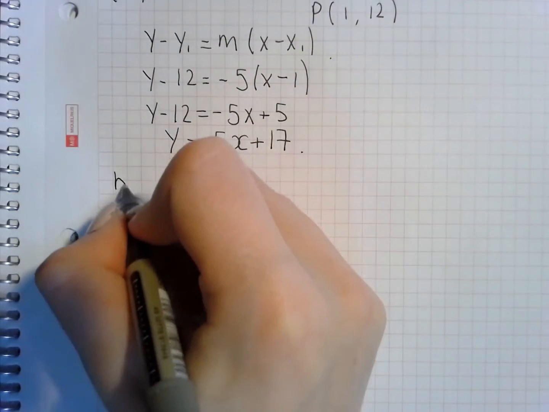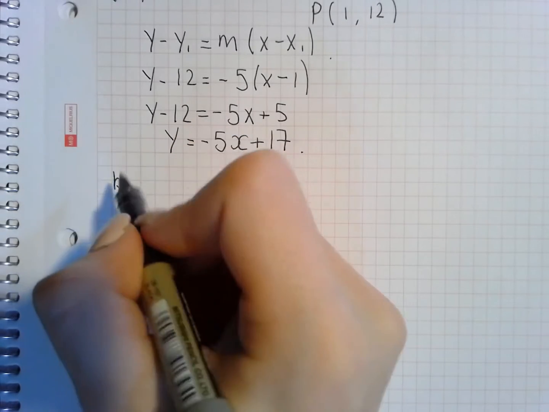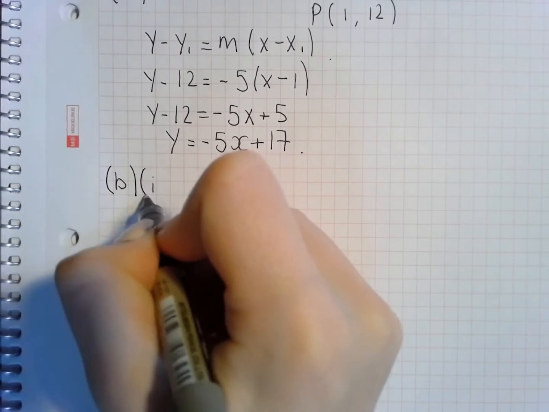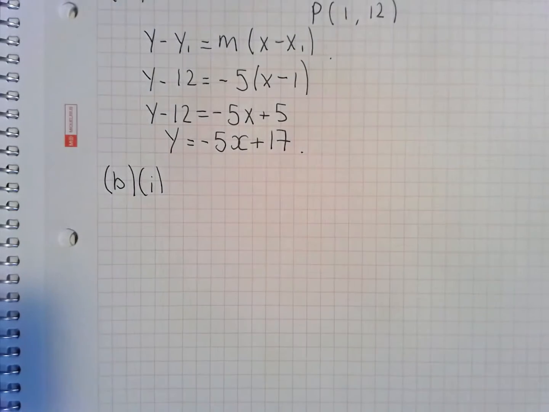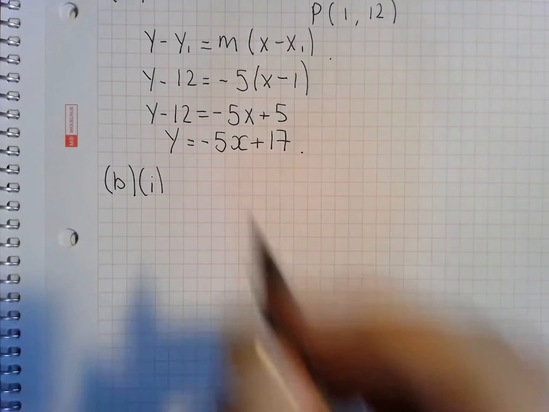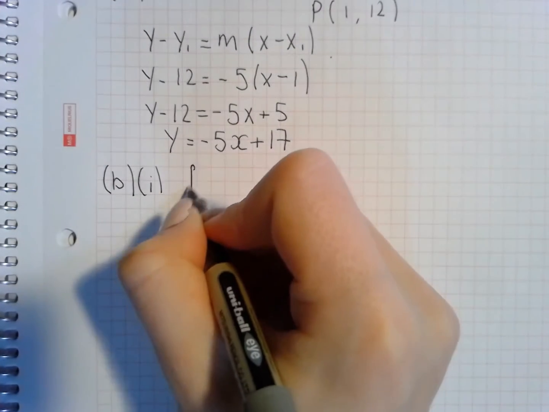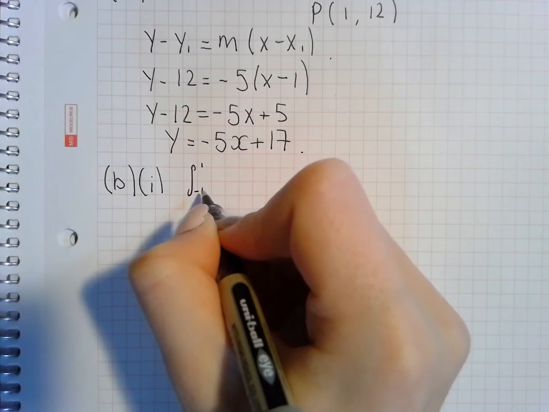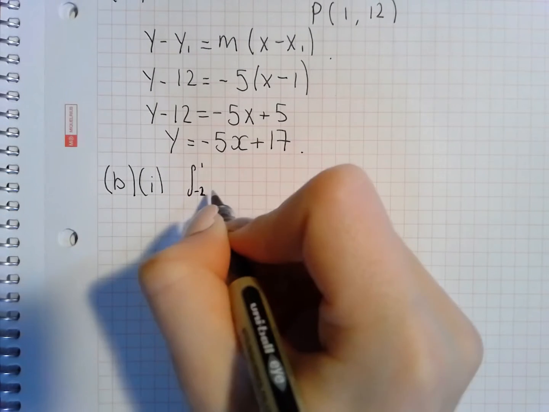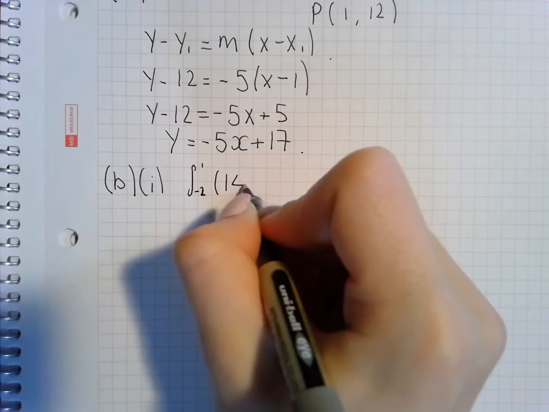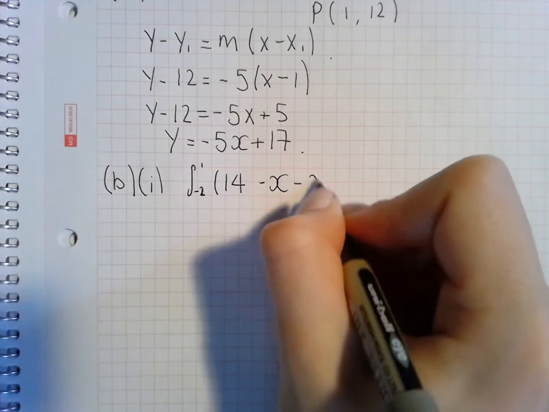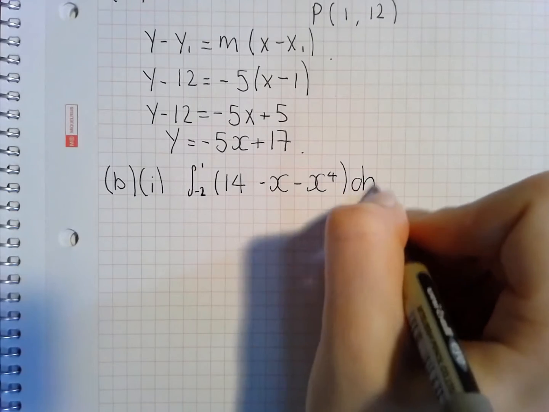Okay, so part B. The first part of part B says find the integral with limits 1 and minus 2 of 14 minus x to the power of 4 dx.